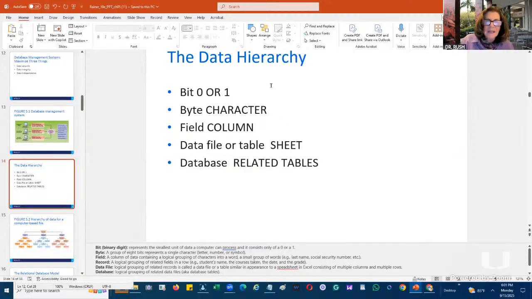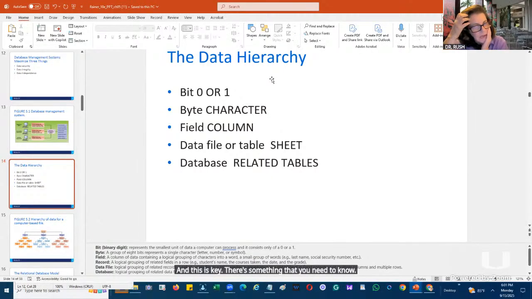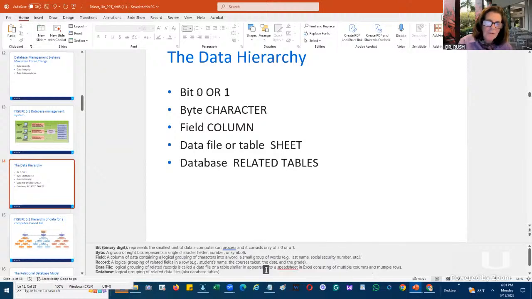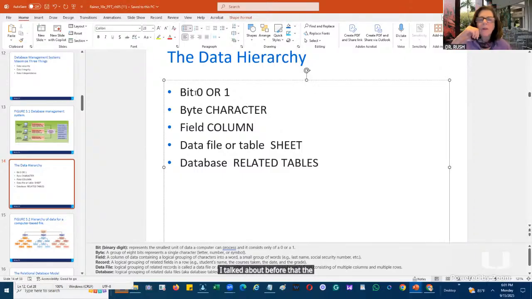And this is key. There's something that you need to know, also for the test, which is what about data? How the computer understands this, from the lowest end to the highest end. I talked about before that the computer only understands zeros and ones.